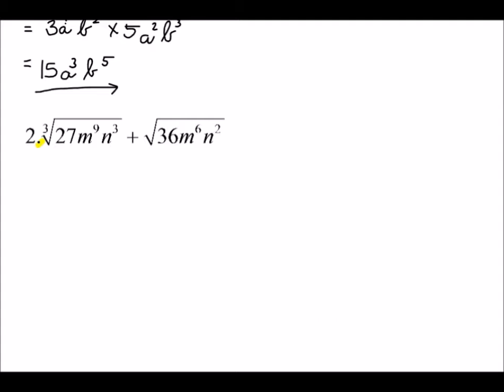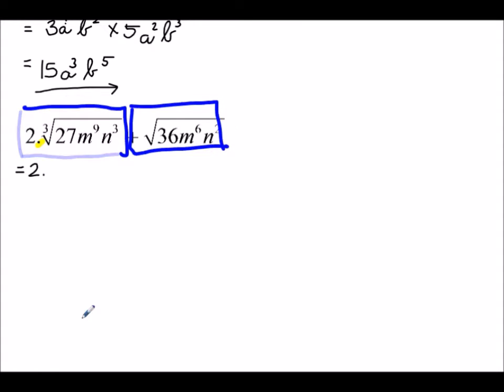So what I'm going to do, I'm going to say 2, and I'm going to multiply it by the cube root of that, the square root of that, and then I'm going to add them together. How many terms do I have? Well, this here is one term, and this here is one term. So this expression has two terms.